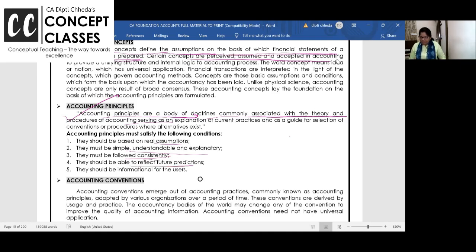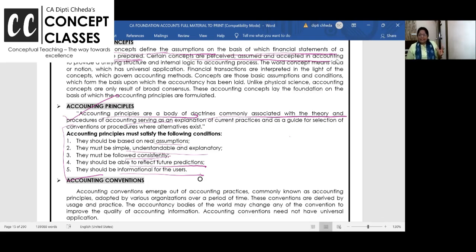They should be able to reflect future predictions. They should be informational to the users. These are the qualities. How should principles be? For my concern, these are the principles I follow. For your concern, a little bit of difference may be there because I am dealing in software, you are dealing in inventory and trading.